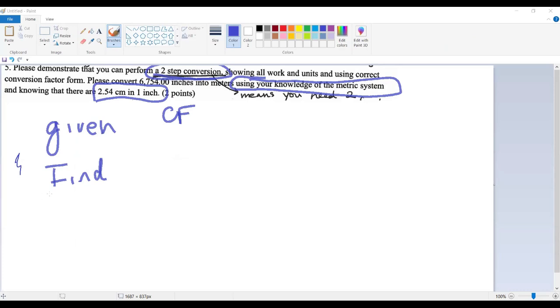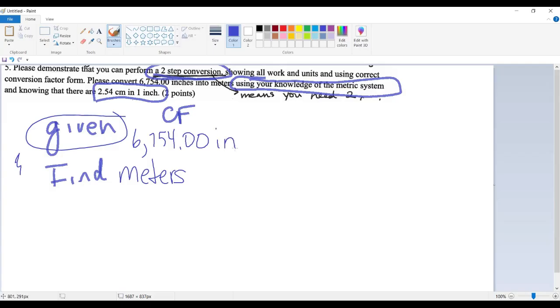What am I finding? Usually, for some reason, you guys tend to figure that out faster. I'm trying to find meters. Okay. I am given 6,754 inches. Okay, so my target goal here is to go from inches to meters.